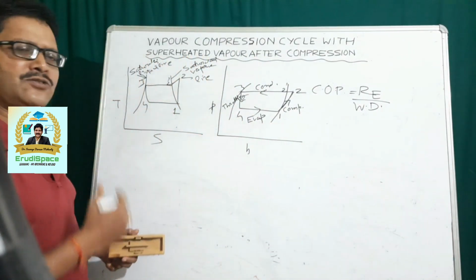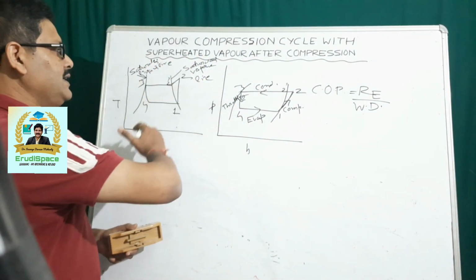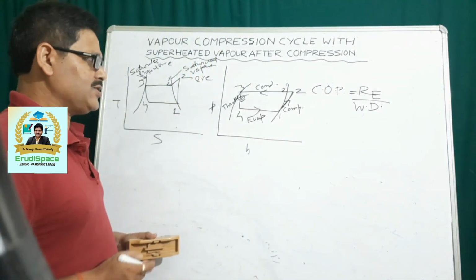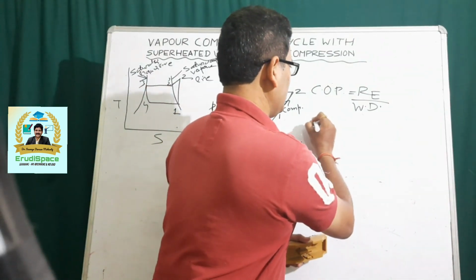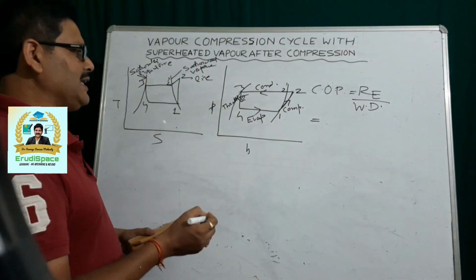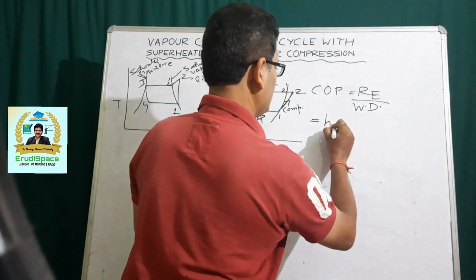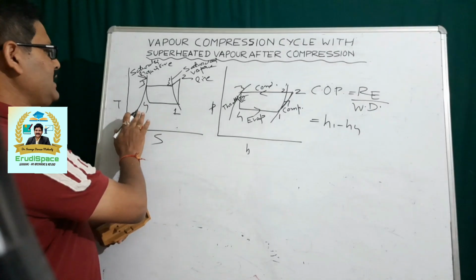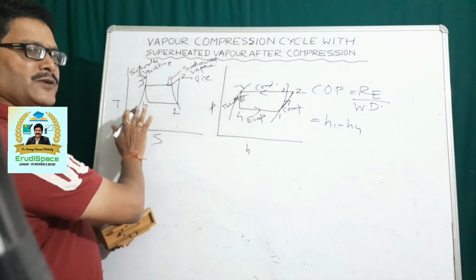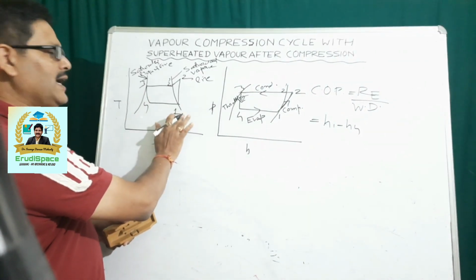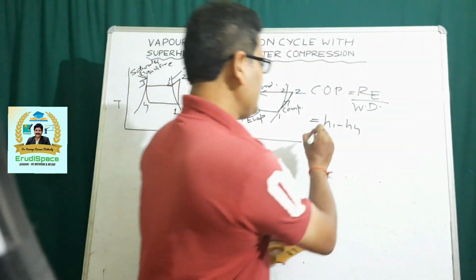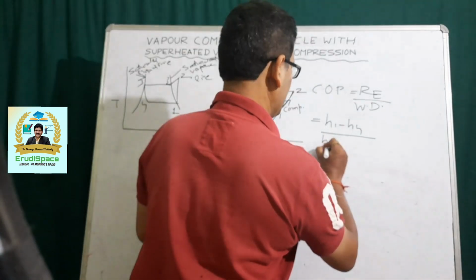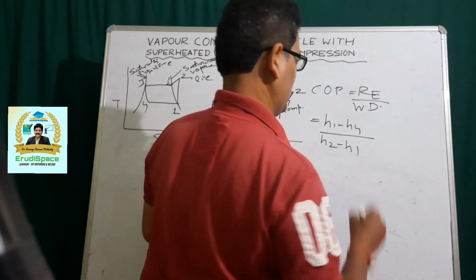So the work done is actually the work that is spent in compressing the refrigerant in the compressor. So the refrigerating effect in terms of enthalpy difference is H1 minus H4, because it is entering the evaporator at 4 and leaving at 1, divided by the work done in the compressor, that is H2 minus H1.